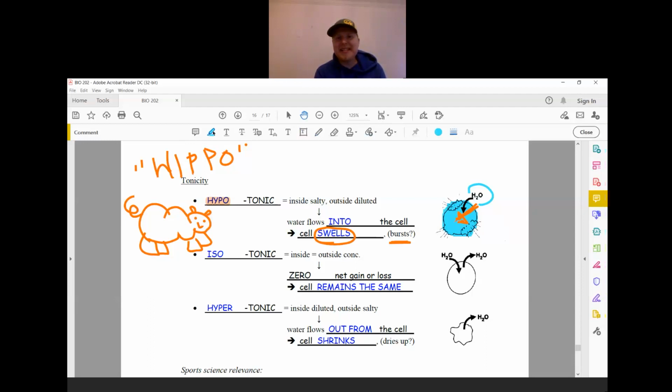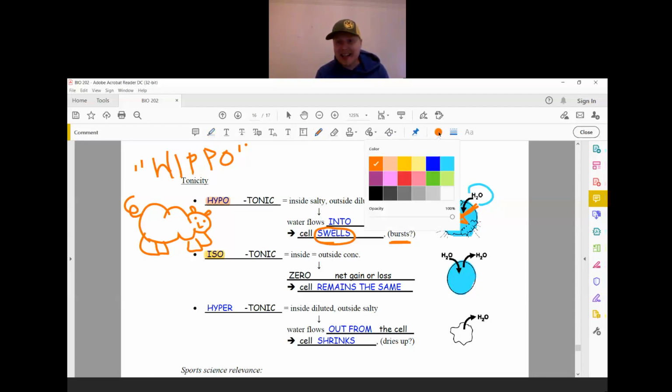Well, let's have a look at the next one. The next one that we're going to have a look at is isotonic cells. In isotonic cells, the concentration of salts or electrolytes or solutes, whatever you wish to look at, is the same both inside and outside the cell.